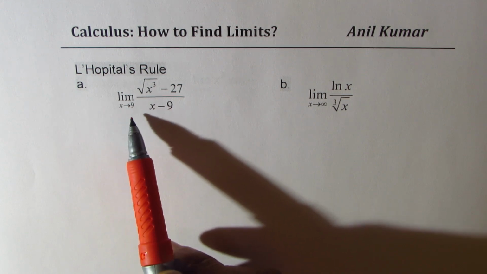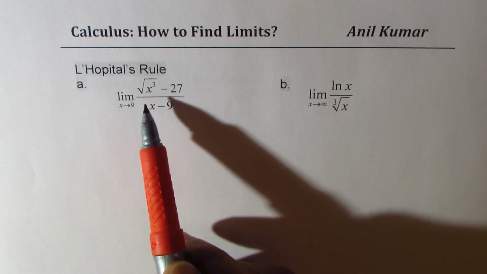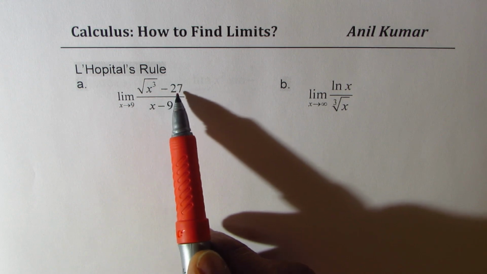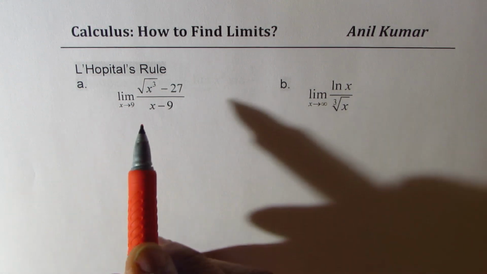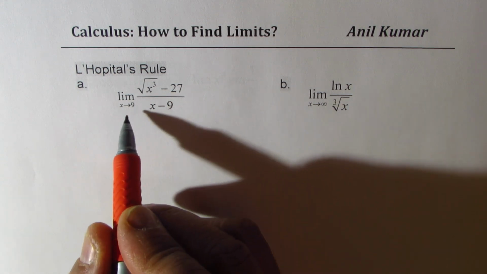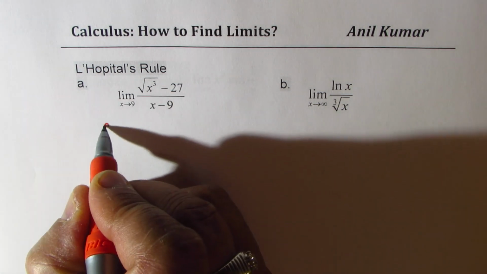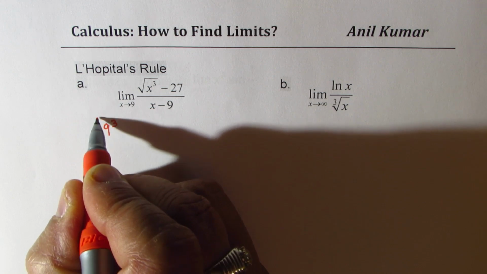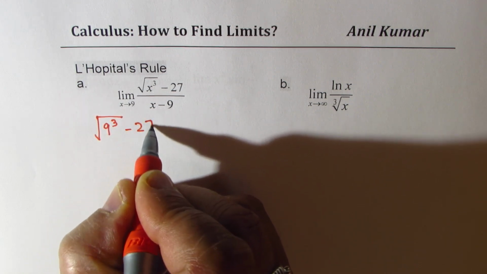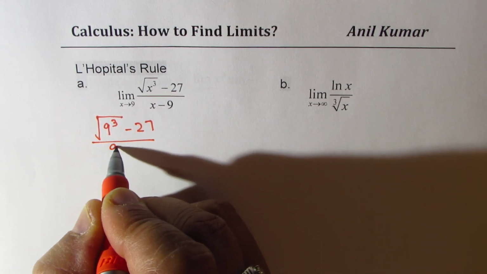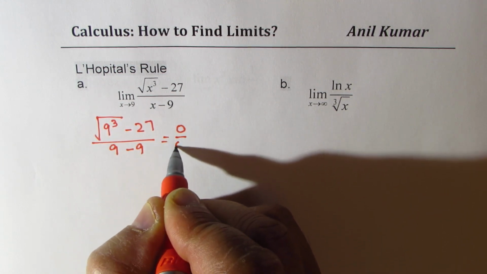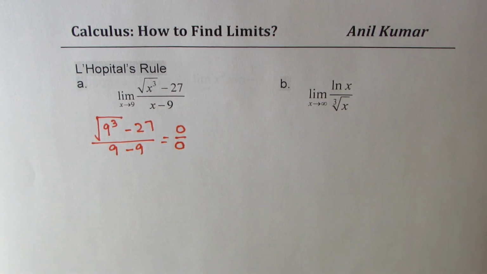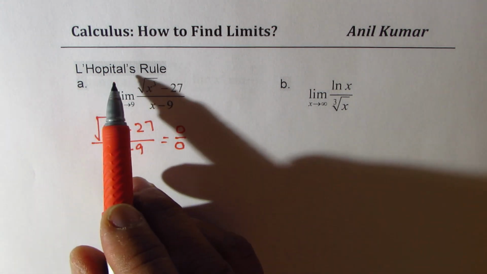Limit when x approaches 9 for square root of x cubed minus 27 divided by x minus 9. Now in this particular case, if I substitute 9 here, then I get square root of 9 cubed minus 27 over 9 minus 9. Now that is 0 over 0, right? So that's an indeterminate form, and here we can apply the L'Hopital's rule.